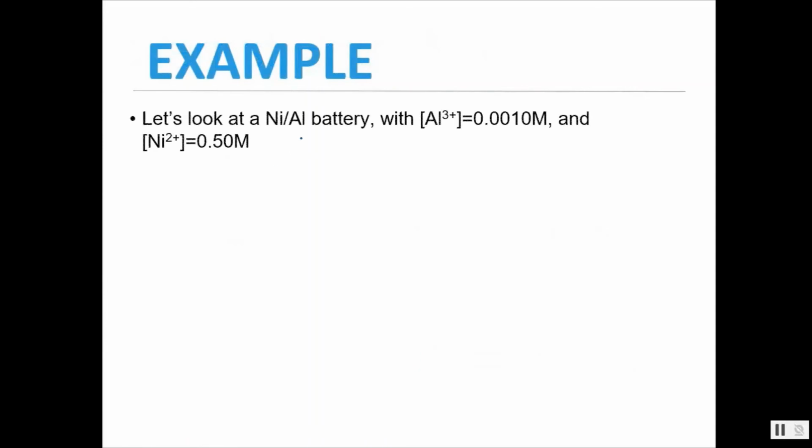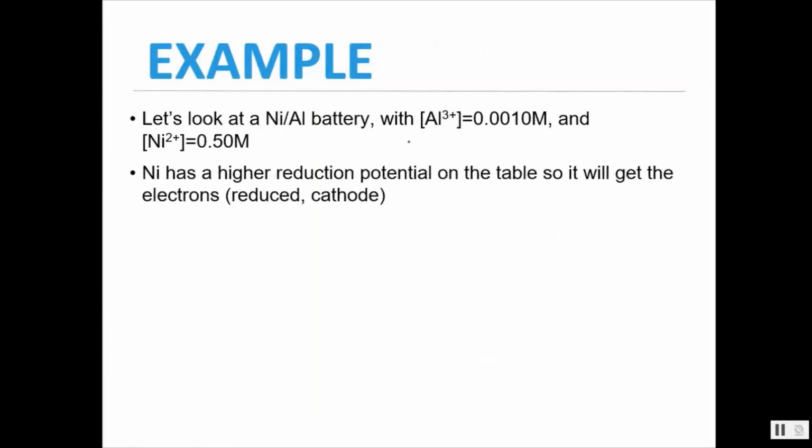So now let's consider we have a battery, and it's nickel and aluminum, where the aluminum concentration is 0.0010 molar and the nickel concentration is 0.05 molar. If we look at our standard reduction potential table, we see that the aluminum has a standard reduction potential of negative 1.66, and the nickel has a standard reduction potential of negative 0.25.